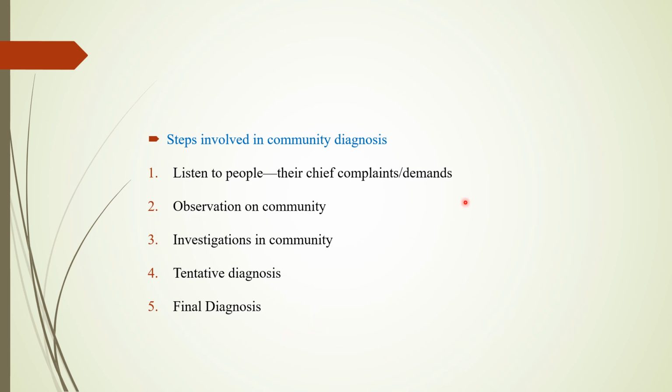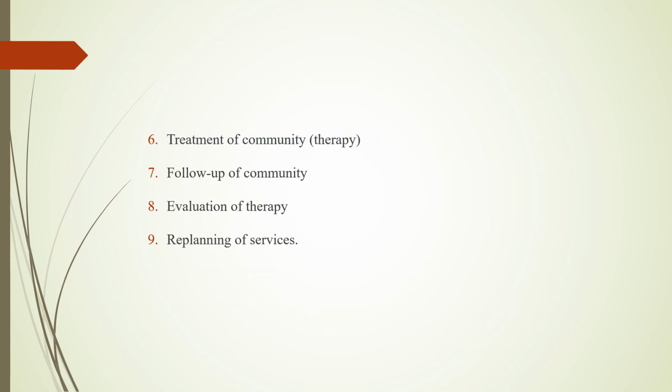Fifth is final diagnosis. And then treatment of the community, follow-up of the community, evaluation of treatment or therapy, and finally, replanning of services. So these are the 9 steps involved in the process of community diagnosis. Now, in the coming slides, we will discuss each step in detail.